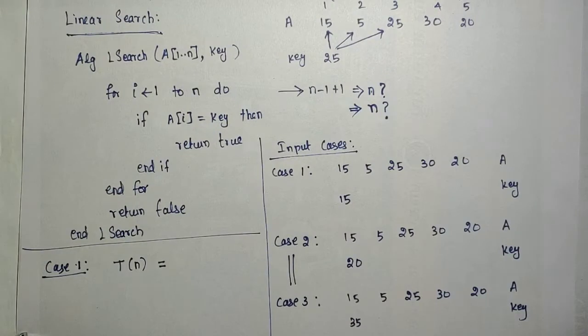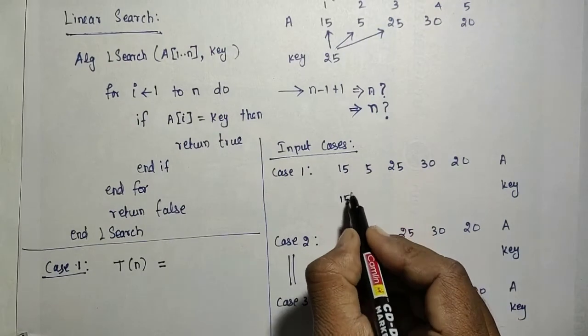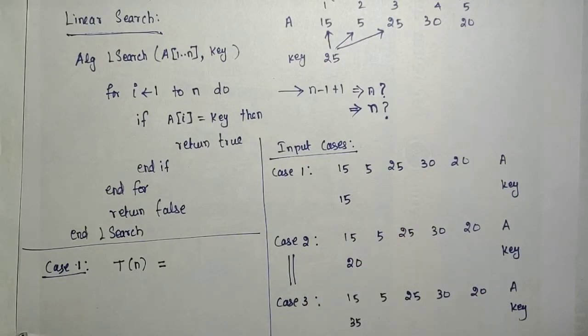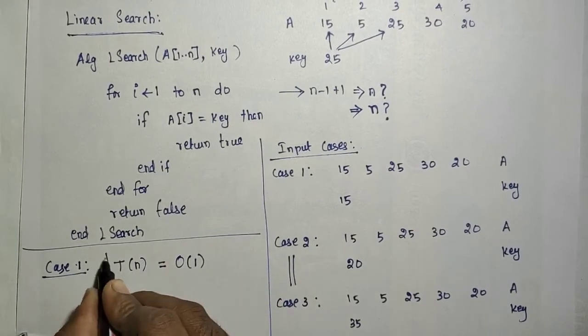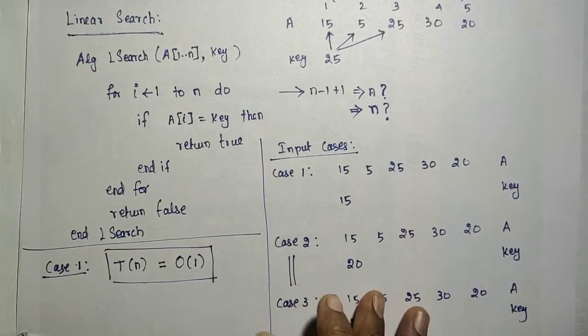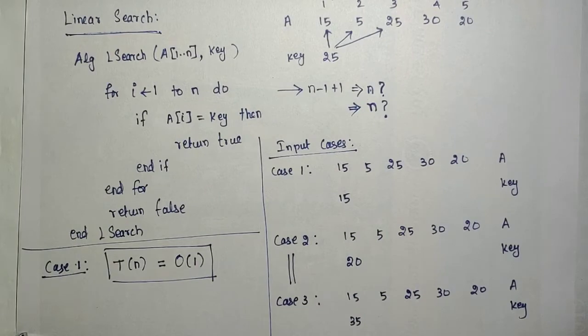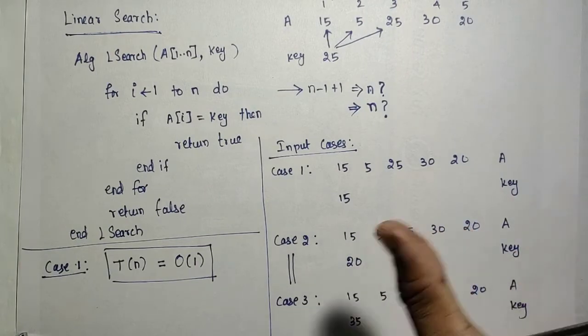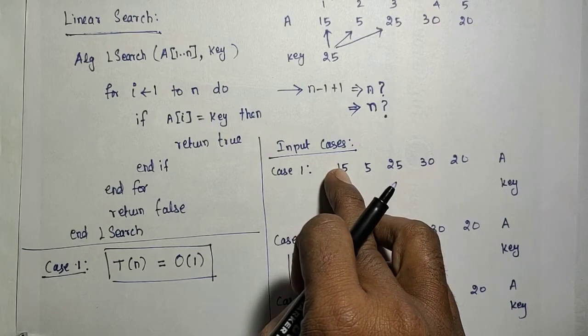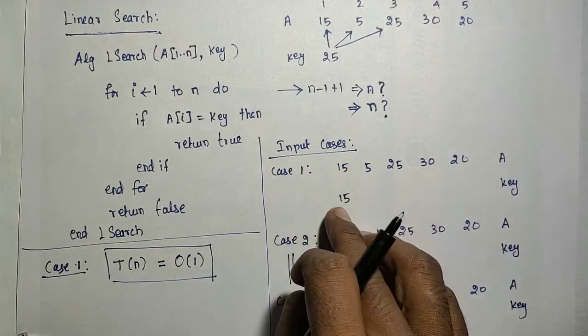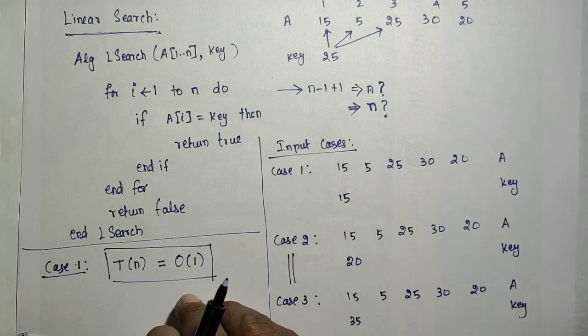So the number of comparisons is going to happen only one time in that case. So it is a constant. That is O of 1. Are you clear? So whatever the n size, if the element is present in the first position itself, we are getting the best complexity.